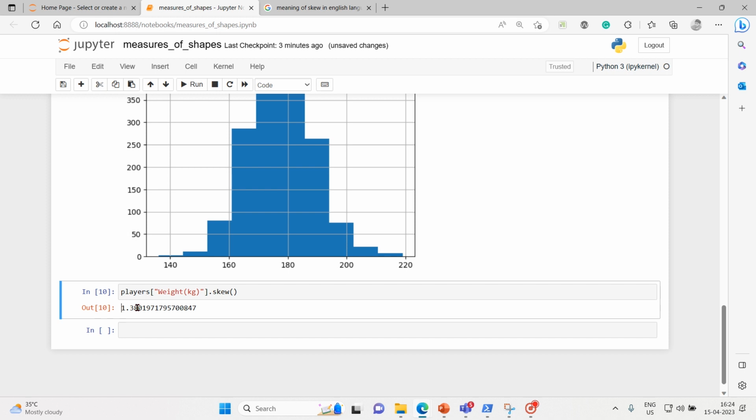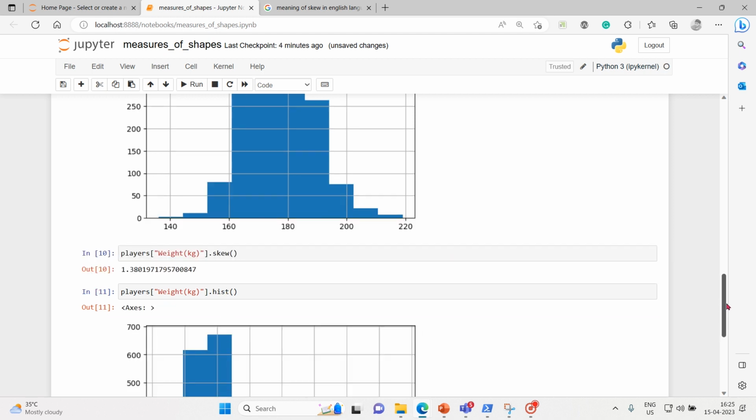When I say positively skewed, the values on the positive side will be skewed. So that means most of the data is on the left side. Let's see. So with this, we can understand that many players have a weight between maybe 30 to 80, 90 kg.